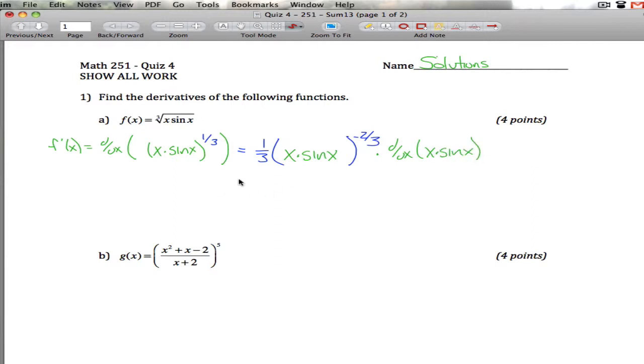So we've managed to rewrite this in a way where this part's all done. There's no more derivatives left here. So we have 1/3 x sine of x to the negative 2/3 power times, and now we just got to figure out this derivative. Once we figure out this derivative, we're completely done. And for this derivative, we'll have to use the product rule. Should I show that?